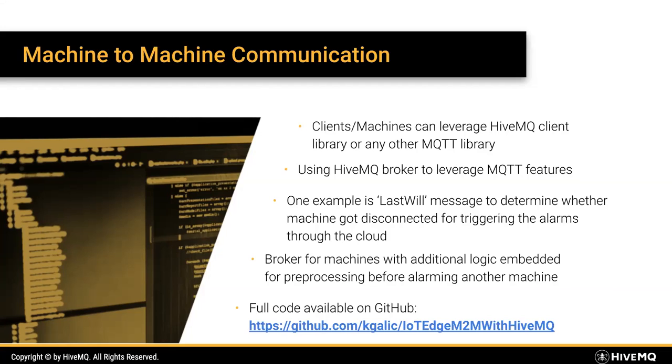Once the broker publishes this message to that dedicated topic, you can use that module to propagate the message to the output, which at the end of the process ends up in IoT Hub, where you can use this message to trigger alarms and send messages saying, hey, this machine suddenly got switched off, for example.